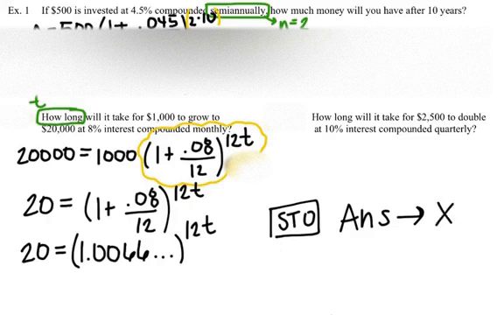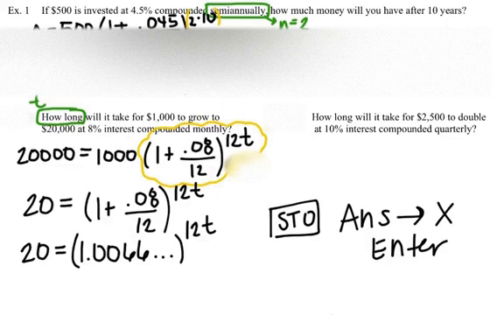X is the easiest variable to store it as because you have an actual button on your calculator that says X. So go ahead and hit X, store it as X, and then hit enter. So now when we use the variable button with the X, the decimal 1.0066 and all of the other decimals there will be stored as X on our calculator.